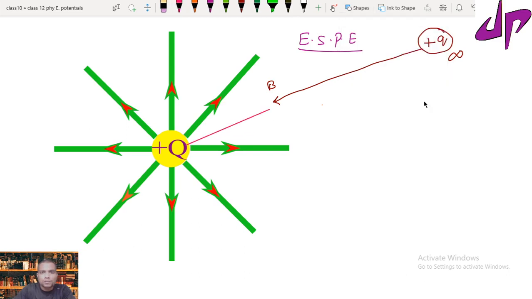This location is at a distance capital R from the center. Now I can define electrostatic potential energy at point B, which is equal to the work done by me to bring this test charge from infinity to that location.